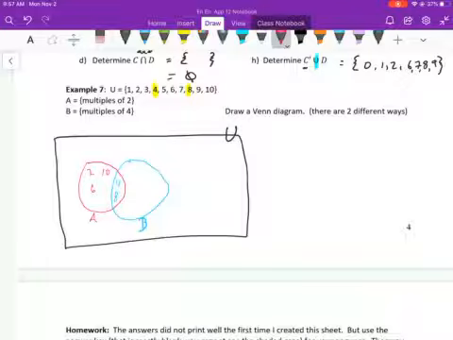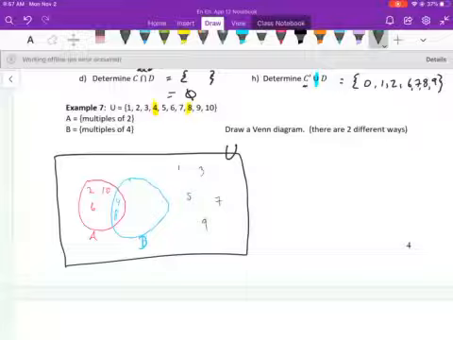All right, so that's what this set looks like. Now, I can put the elements that are neither a multiple of 2 nor a multiple of 4. That would be, I guess, probably best described as every odd number. That's what I could draw here.